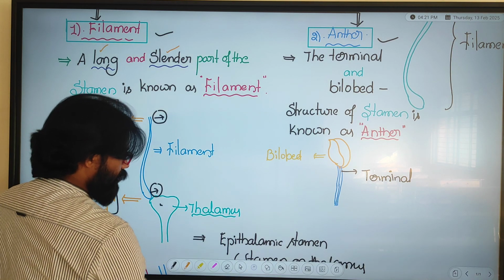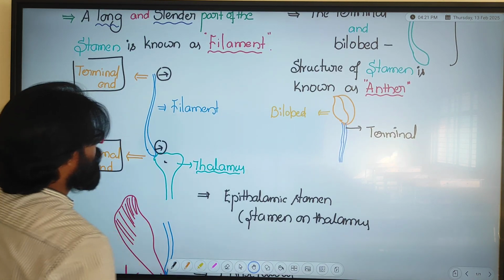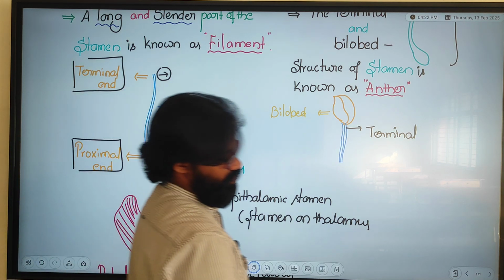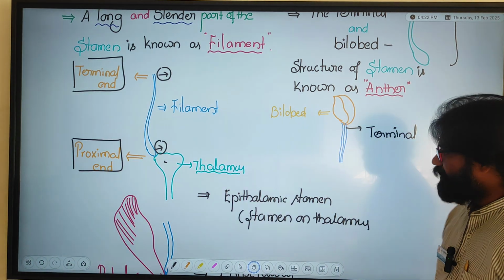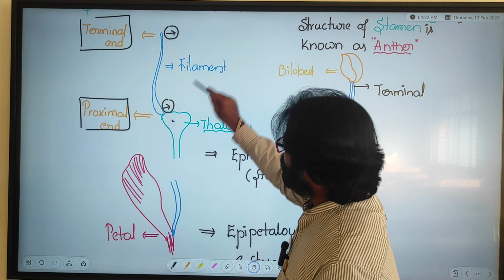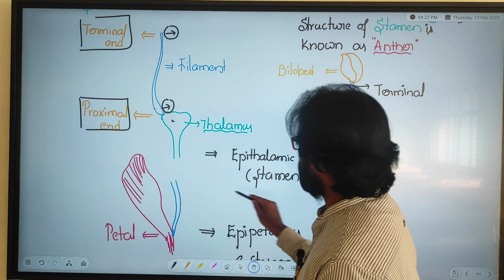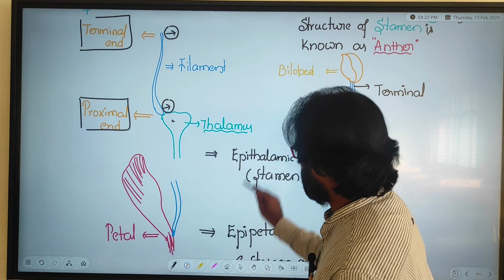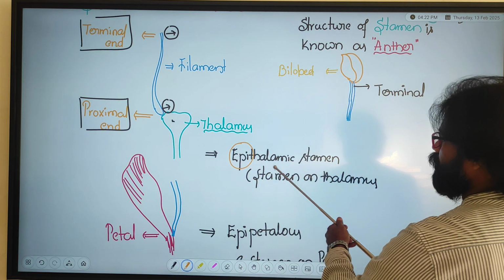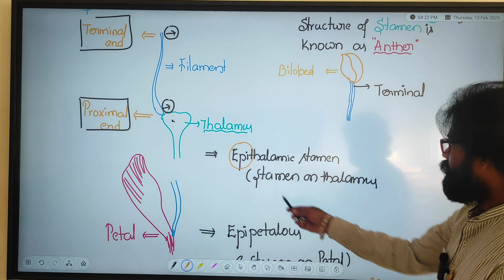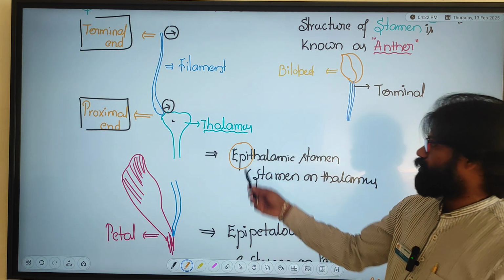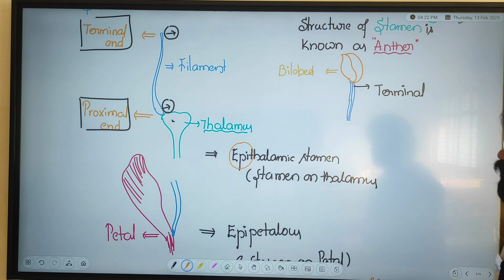Now we need to talk about filament attachment. Based on filament attachment, the stamens are of different types. If the filament is attached to the thalamus, it is called epithalamus. Epithalamus means the filament is present on the thalamus, so those stamens are called epithalamic stamens.